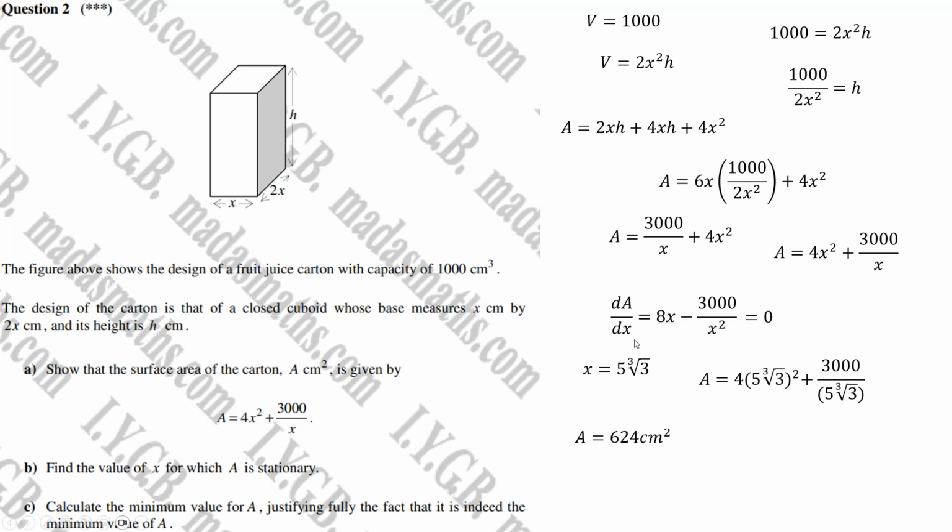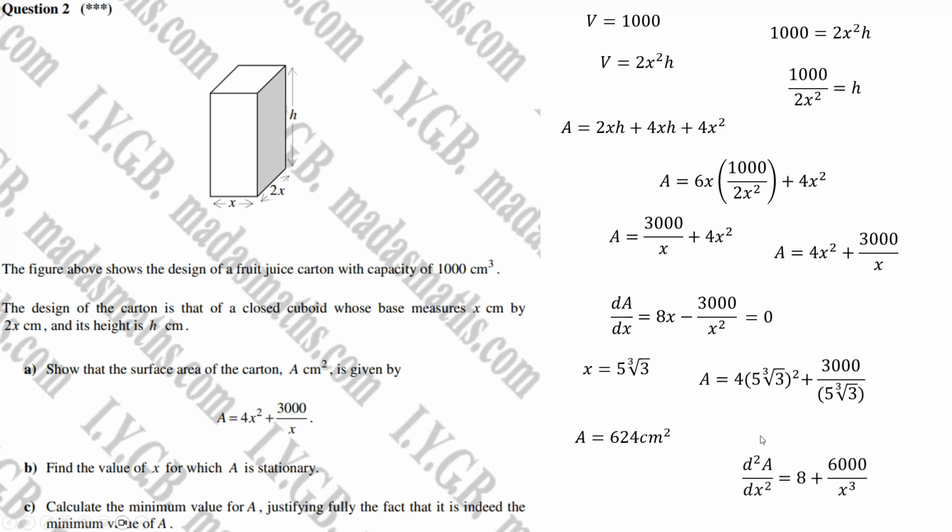Remember, we need the second derivative to work out its nature, whether it maximizes or minimizes A. So the second derivative is, well, 8x differentiates to 8. 3,000 multiplied by x to the power of minus 2. Minus 2 multiplied by minus 3,000 is positive 6,000. And then minus 2 minus 1 is minus 3. So it's positive 6,000 x to the power of minus 3, or positive 6,000 over x cubed.